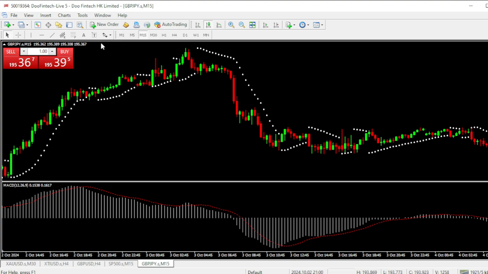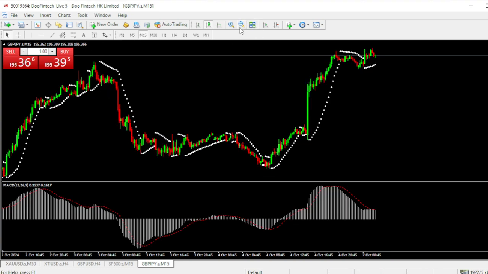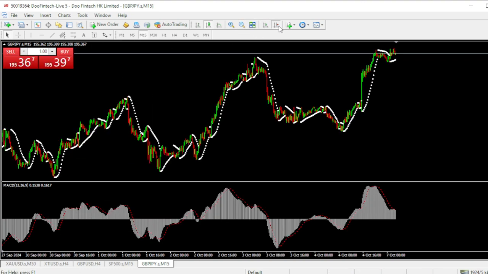So what is the MACD? MACD is an oscillator, right? And you can see the MACD has a zero line, and around the zero line you can see some upper bars and down bars, right?